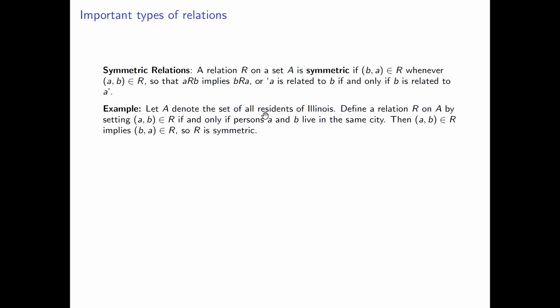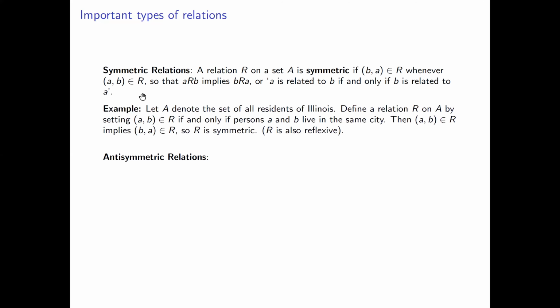Person b and a live in the same city. It's kind of a tautology. So if a is related to b, meaning these two people live in the same city, then of course b is related to a, because they still live in the same city if I switch the order that I say this in. And therefore, this is a symmetric relation. And it's also reflexive, because person a lives in the same city as themselves.